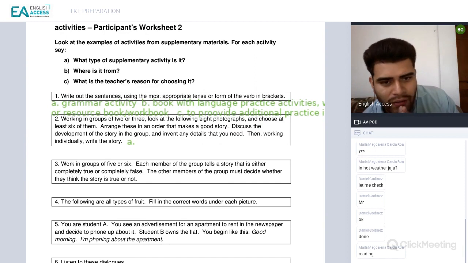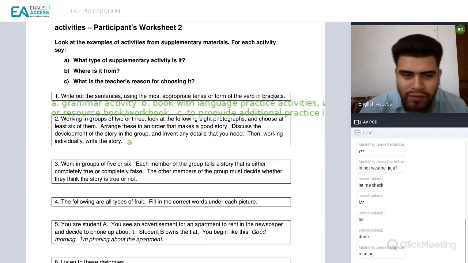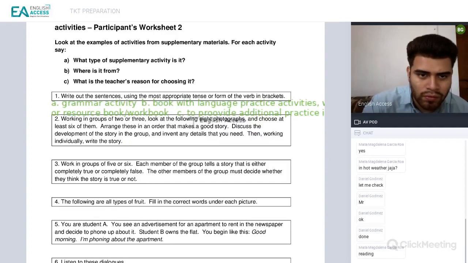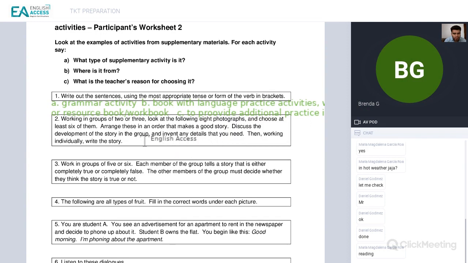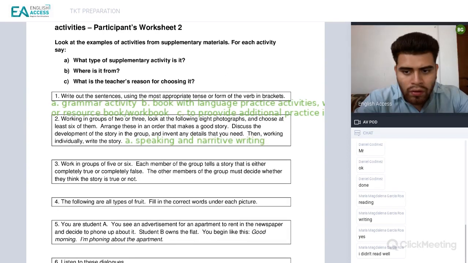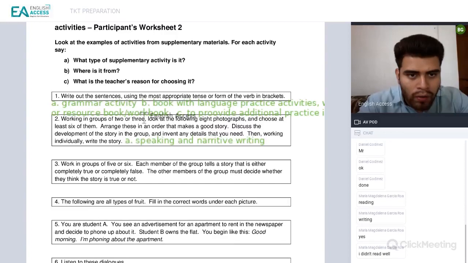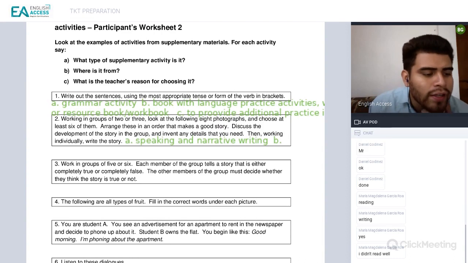Okay. Reading? I think it's writing, and they are using storytelling. So it's a speaking and narrative writing, right? Yes. All right. And where is it from?